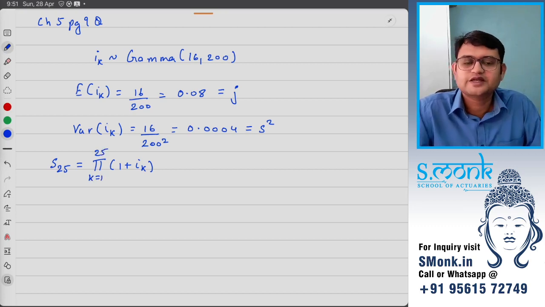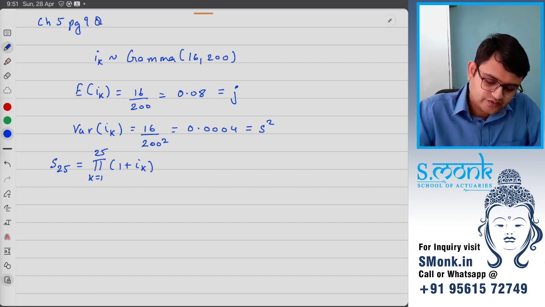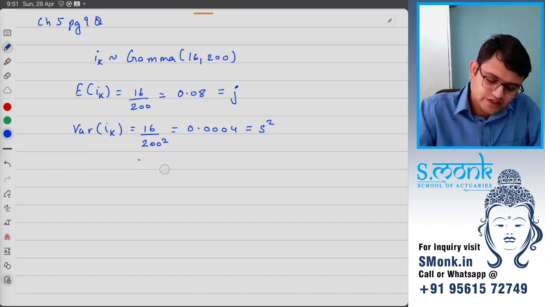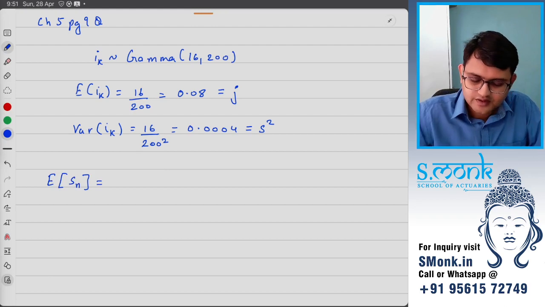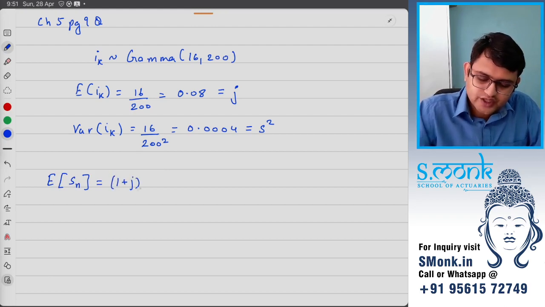This is how our single investment will go. You don't need to write this, I just wanted to show you. We'll just say that the expected value of Sn is going to be 1 plus j raised to 25. That would be 1.08 raised to 25.